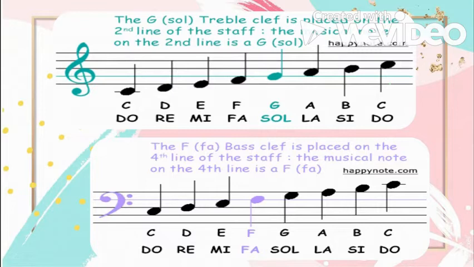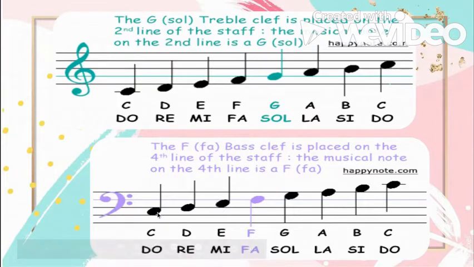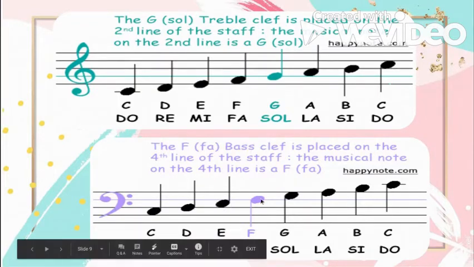Always remember, class, C, D, E. This is the natural one for the G clef. But for the F clef, just always remember the C, you will start the do at the second space in the musical staff. Are we clear? And then you will just continue.